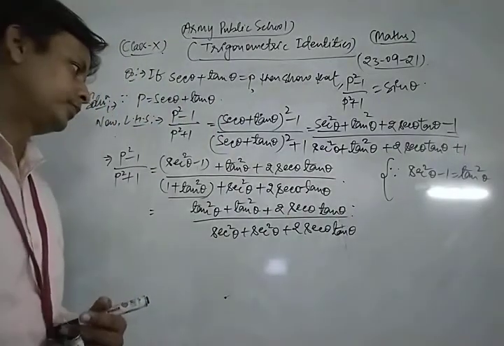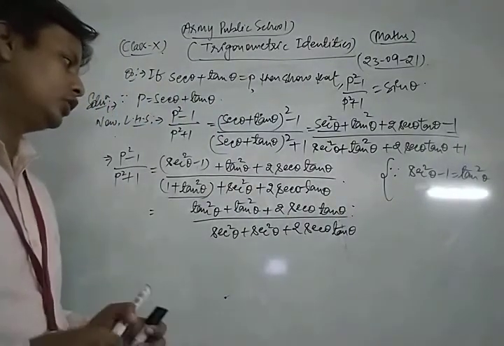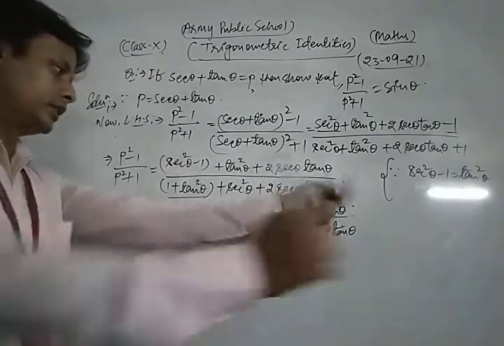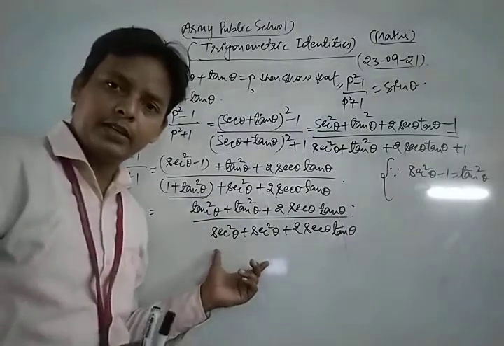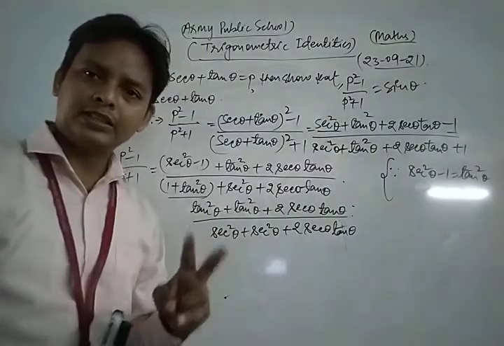Now look, dear student, in the numerator, tan square theta plus tan square theta is 2 tan square theta. Similarly in the denominator, sec square theta plus sec square theta is 2 sec square theta.